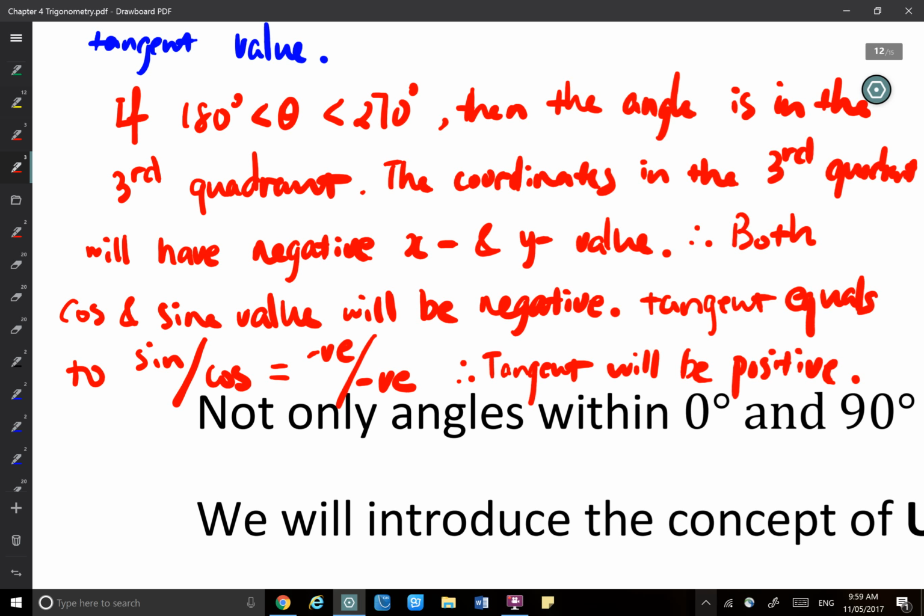The coordinates in the third quadrant will have negative x and y values. Therefore, both sine and cosine values will be negative. Tangent equals sine over cosine, which is negative values over negative values. Therefore, tangent will be positive. That's the whole thing we need to say.